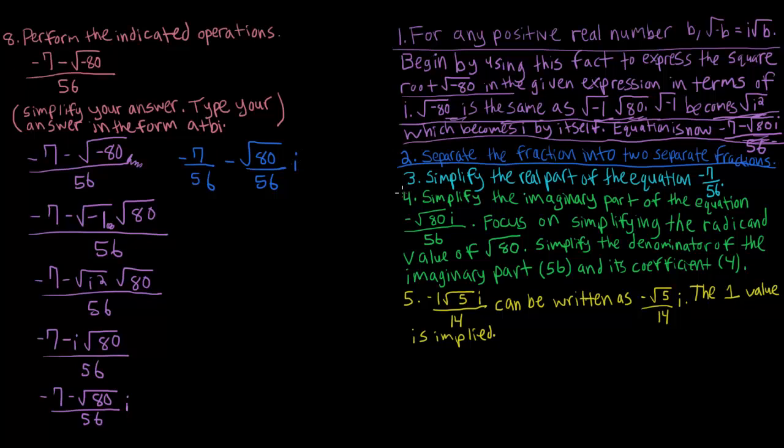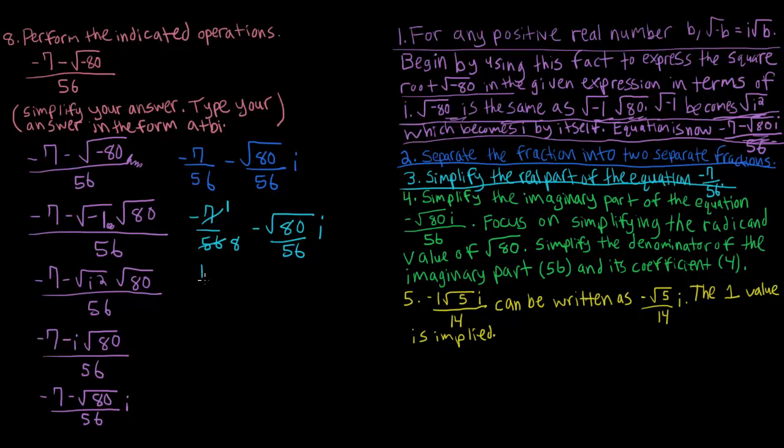Now step 3, simplify the real part of the equation, -7 over 56. So we can simplify this part right here, -7 over 56, and -7 goes into itself once, 7 goes into 56 8 times. Then we'd have minus square root of 80 over 56 i.